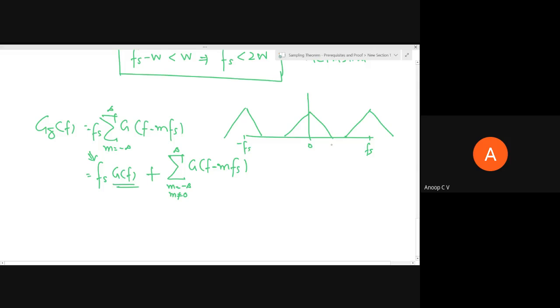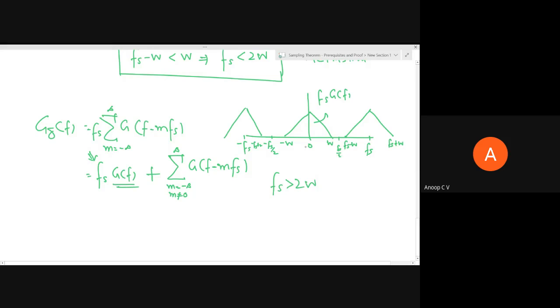So this is W, this is fs minus W, this is fs plus W, and this is minus W, minus fs by 2, plus fs by 2, minus fs plus W, and so on. This part is nothing but fs times G(f). There is no overlap because I have assumed fs is greater than 2W.